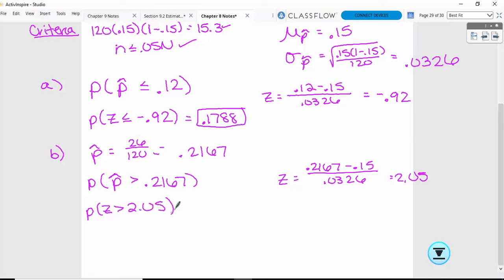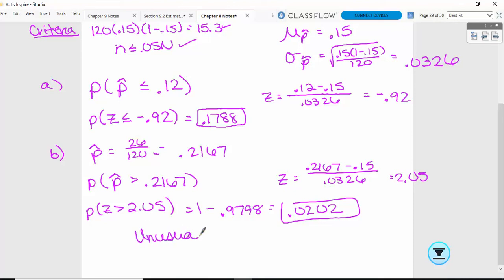All right, so we need the probability that z is bigger than 2.05. So greater than is 1 minus 2.05. I get 0.0202. So what's that mean? That's unusual.